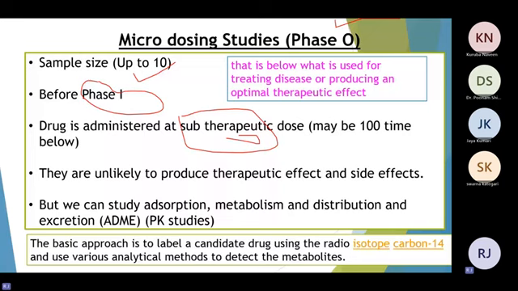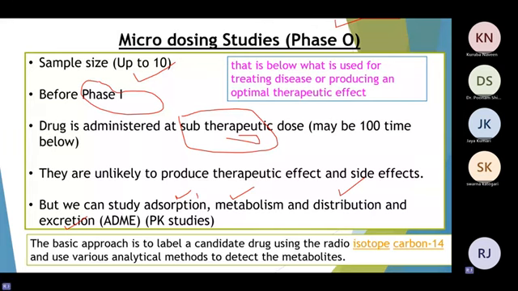So what we do to have a good idea about the drug's PK property, how well it is going to absorb in the body, how well the body is going to metabolize the drug, how well the drug is going to distribute in the body, and how the drug is going to be excreted from the body. To determine this quality of a drug, it is better to test the drug in the human body, but we cannot give the drug to a large number of people, right?